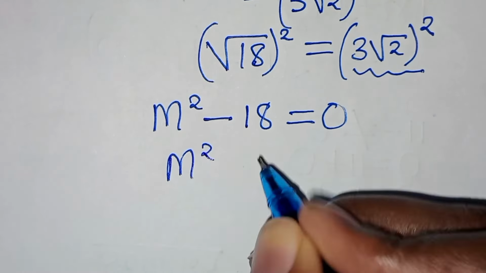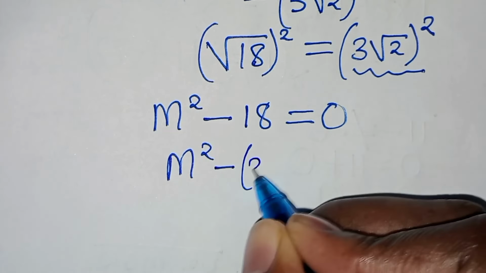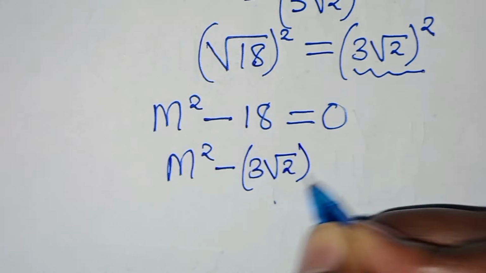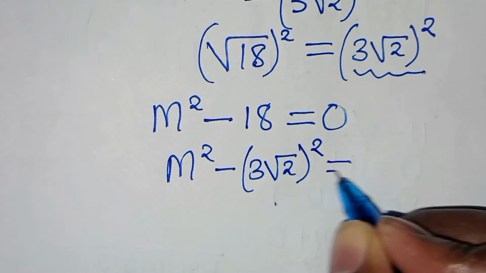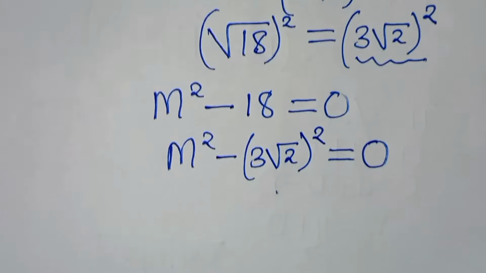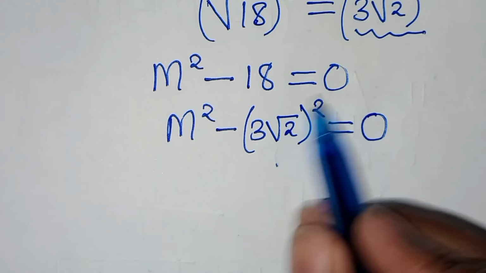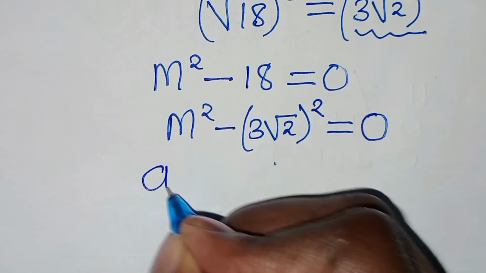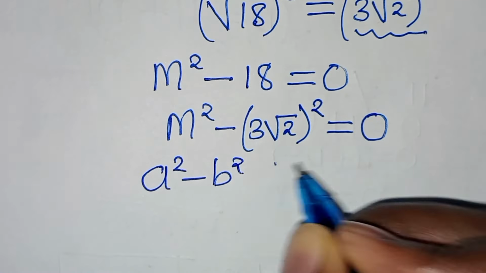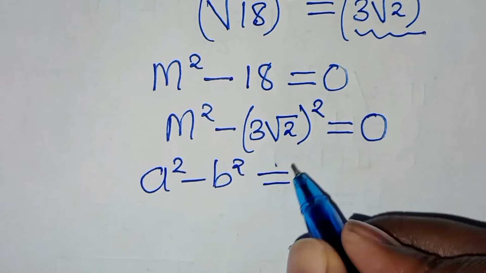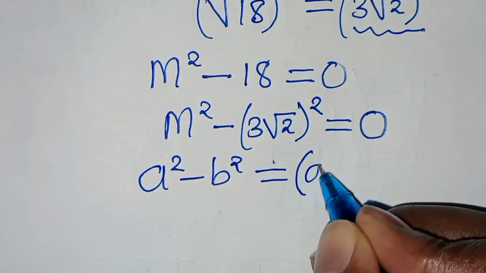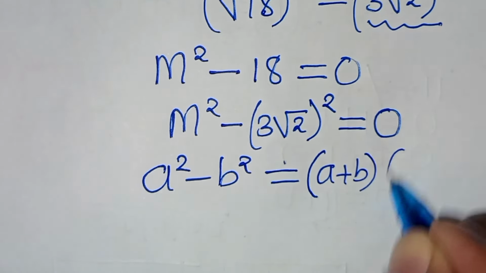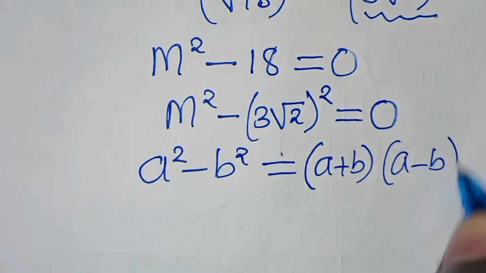So we have m squared minus 3 square root of 2 raised to the power of 2, equal to 0. Now, this equation is in the form of a squared minus b squared, the difference of two perfect squares, which is a plus b times a minus b.